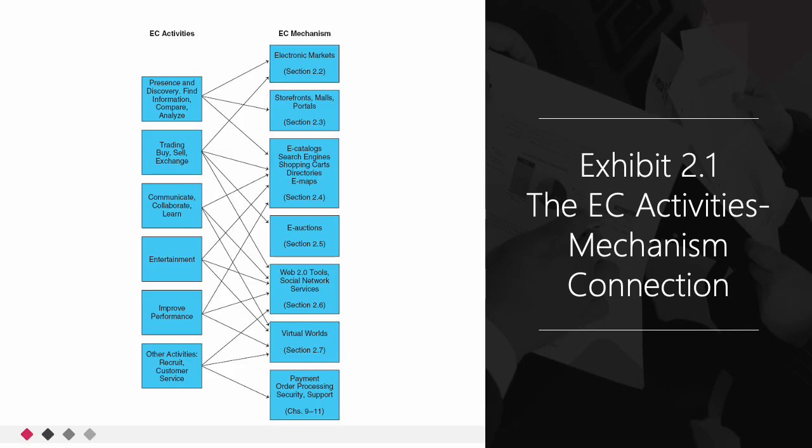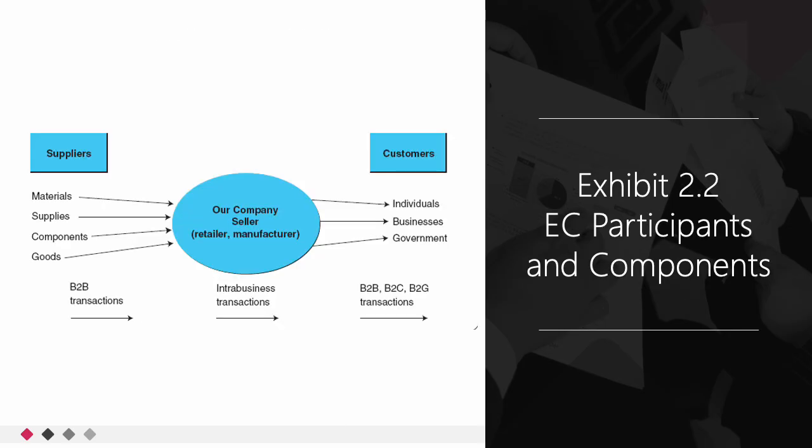All right, so let's move on. In this chapter, we're talking about the main players in e-commerce and how they interact with each other through different types of transactions. Okay, we have the suppliers here, the starting point. Suppliers here means the companies that provide the raw materials, the parts, or maybe the finished product.